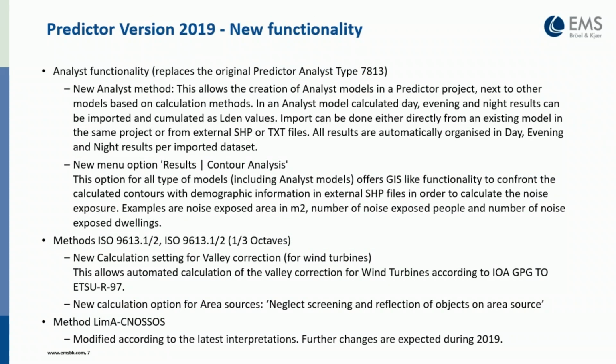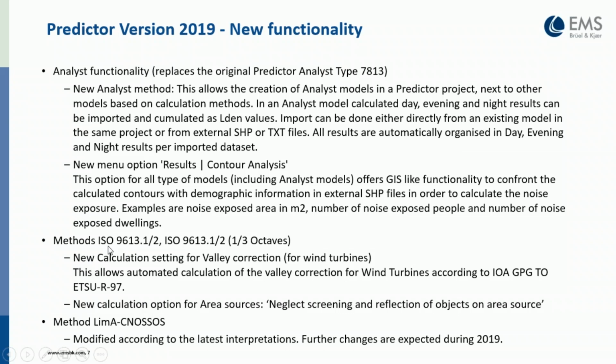So looking at Predictor 2019, new functionality, like I said, the Analyst functionality, it replaces the original Predictor Analyst type 7813, and that allows accumulation of contours, different contours, noise exposure calculations based on demographic information. So you can count the number of people, you can count the number of dwellings within 5 dB noise classes, for instance.